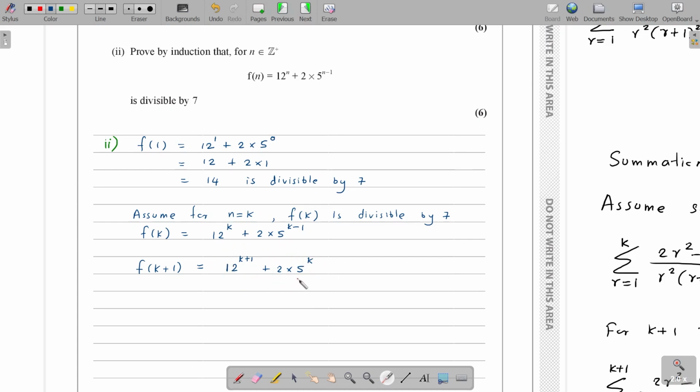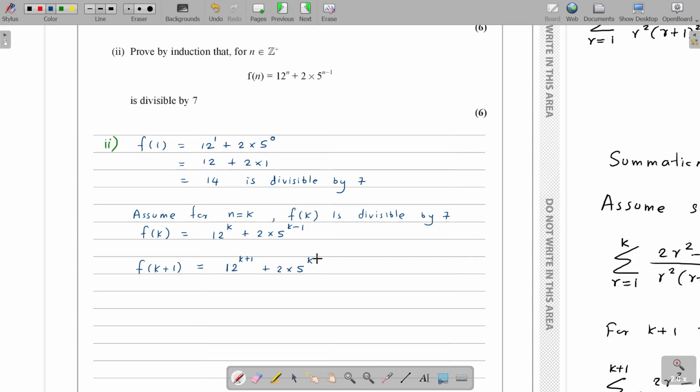But you can see at first glance, can we take any 7 out of this? No, right? It doesn't look like it has a 7. So let me just simplify this here. So this is 12 to the power k plus 1 plus 2 to the power 5 times k plus 1 minus 1. Shall I write it like this?